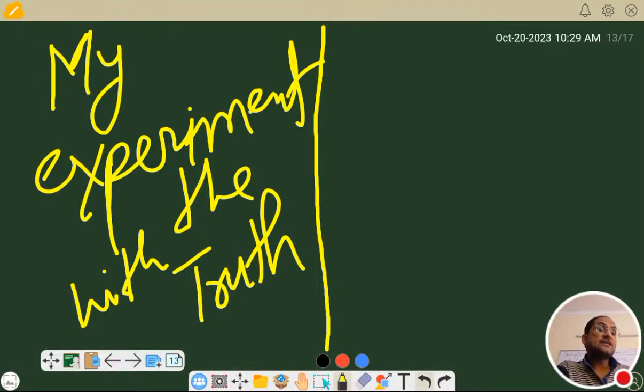Gandhiji has written so many other instances also, through which we can see that his mind was full of lustful practices.